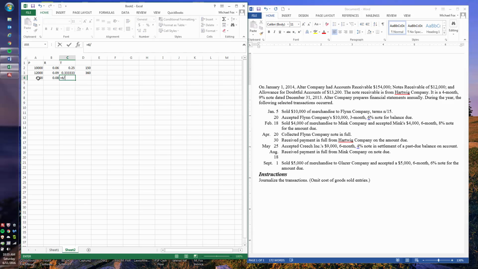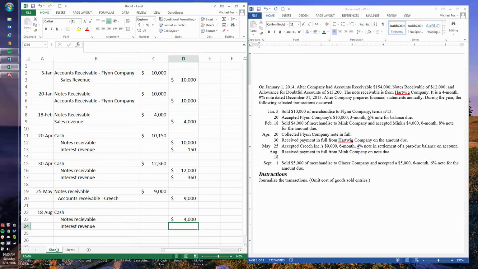So 6 out of 12, 0.5. That equals the principal times the rate times the time, or $160 in interest. And so the cash is the sum of the two, $4,160.